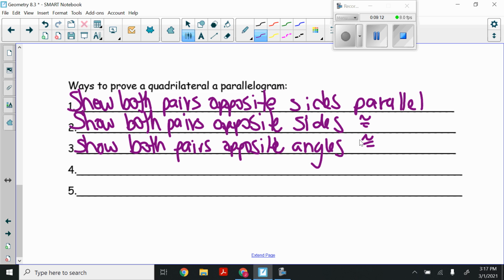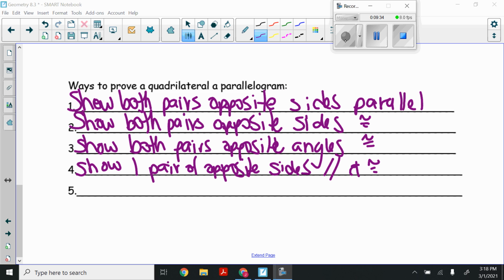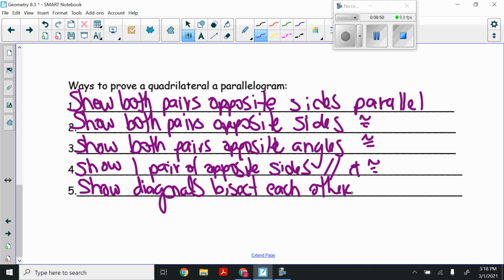If we can show one pair of opposite sides are both parallel and congruent, that's enough to show that it is a parallelogram. If I can show that my diagonals bisect one another, I can prove it's a parallelogram.